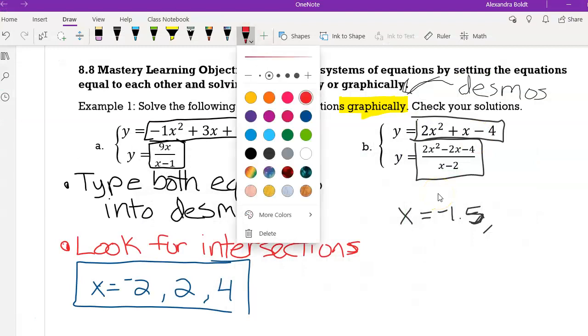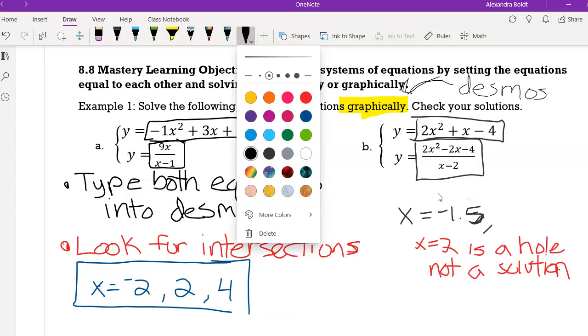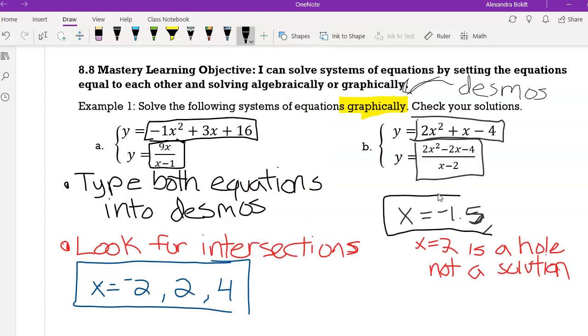So let me write that in my guide. It looks like they cross, but you can tell because a point didn't pop up on Desmos. So Desmos is smart enough to know. If a point doesn't pop up, then it's not part of that solution. If you try to click on it and nothing pops up, then you're done.